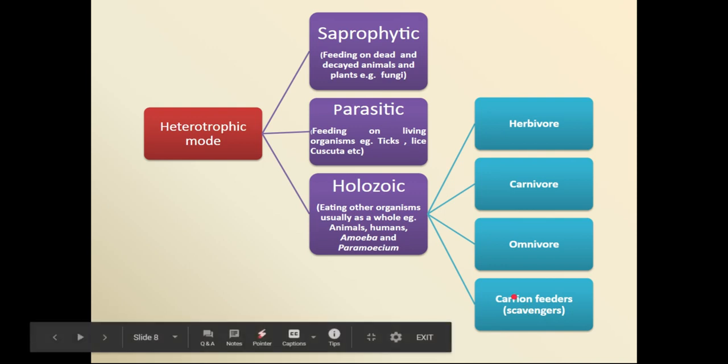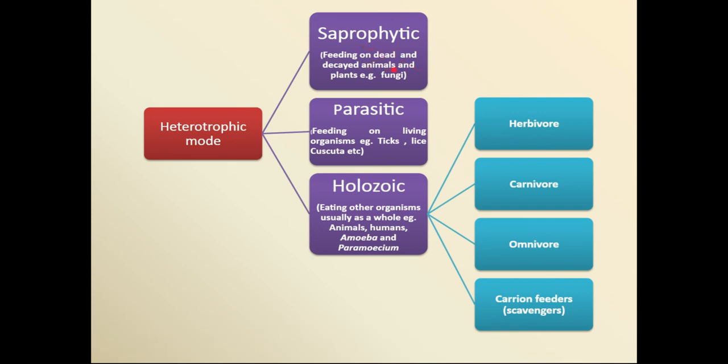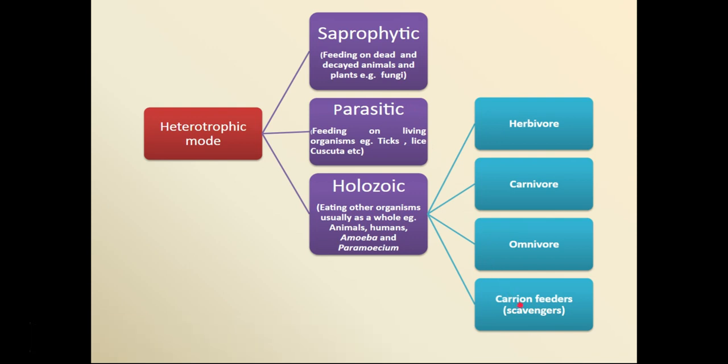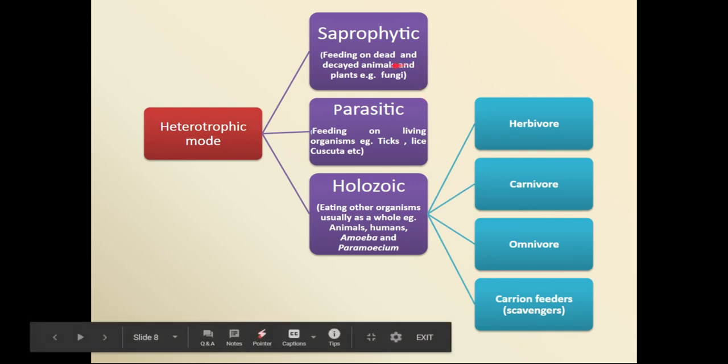The basic difference between saprophytes and carrion feeders is that saprophytes feed on dead and decayed organic matter, that is animals and plants. Carrion feeders feed on dead organisms, not the decayed ones. That is the basic difference between saprophytes and carrion feeders or scavengers. Saprophytes feed on dead and decayed animals and plants. However, carrion feeders feed on dead organisms only.